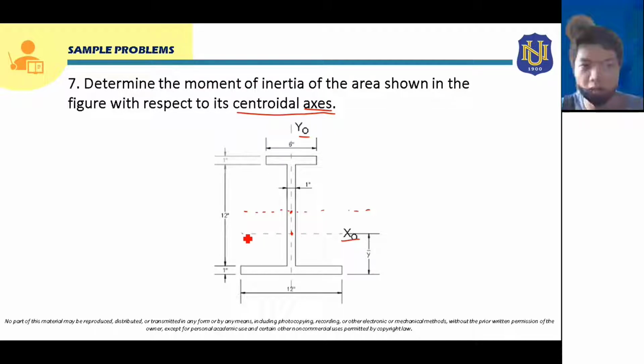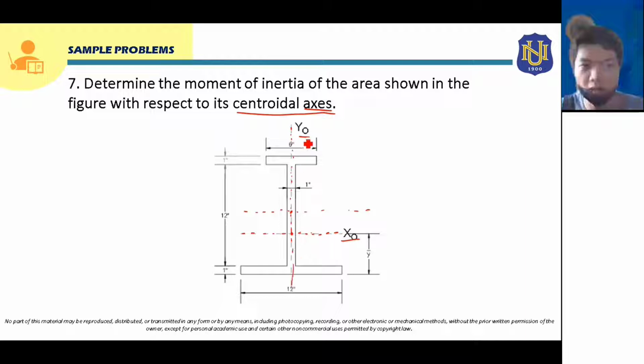That's why it's actually drawn already here, as you can see. So the location of the x-centroidal axis is already drawn, and for the y-centroidal axis, it will just be here.